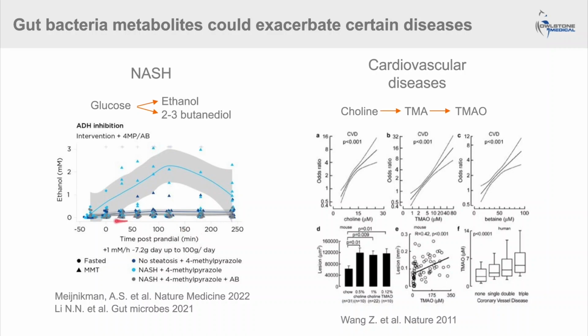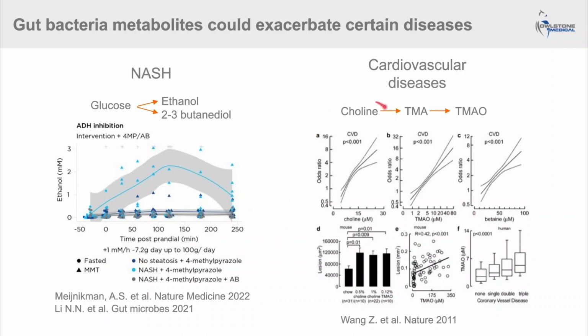As we can see here in blue, subjects with NASH have quite a remarkable spike of blood ethanol after carbohydrate intake. They estimated that these subjects may be producing up to 100 grams of ethanol per day, which is a considerable amount of endogenous ethanol production, more or less the amount contained in a bottle of wine.